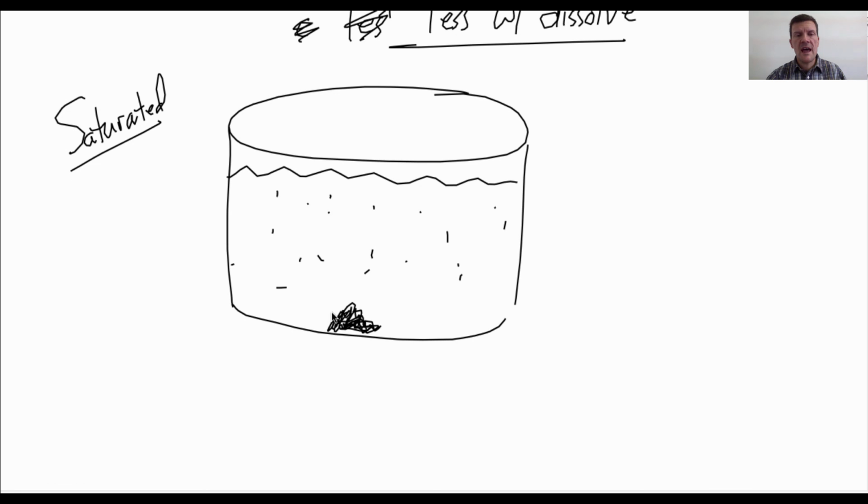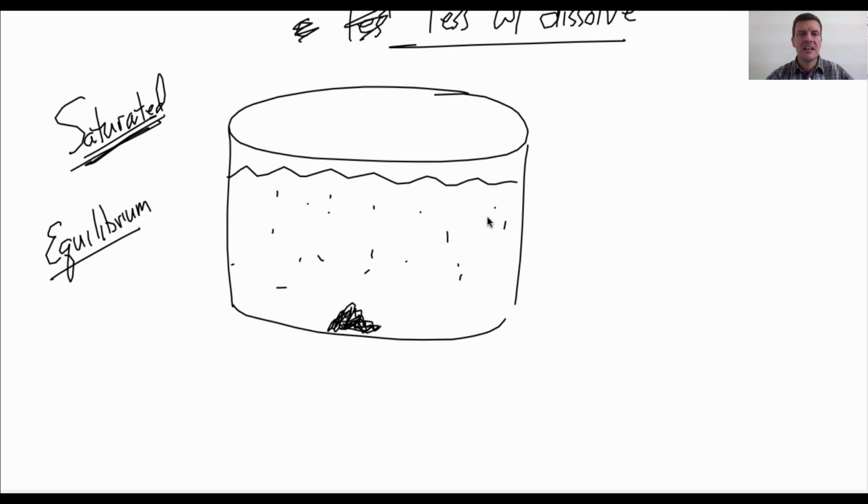What really is happening in a saturated solution is that this is in a state of equilibrium. What does that mean? Equilibrium means that there is a lot of activity still happening here. It doesn't mean that things have stopped. It doesn't mean that the process of dissolving and recrystallization has stopped.